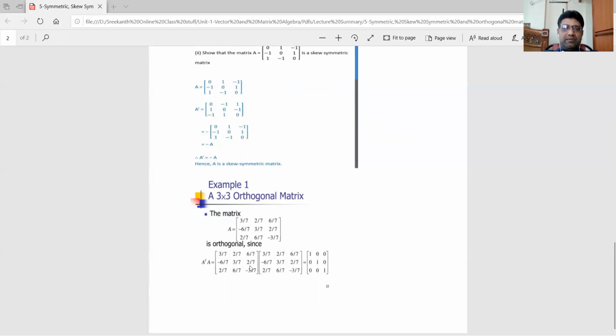So initially 3 by 7 into 3 by 7, 9 by 7, and 9 plus 12 is 21 minus 12, right? So 2 into 6 is 12. What you are going to get is 7, and 7 by 7 is 1, clearly. In that way, we will get this identity matrix.